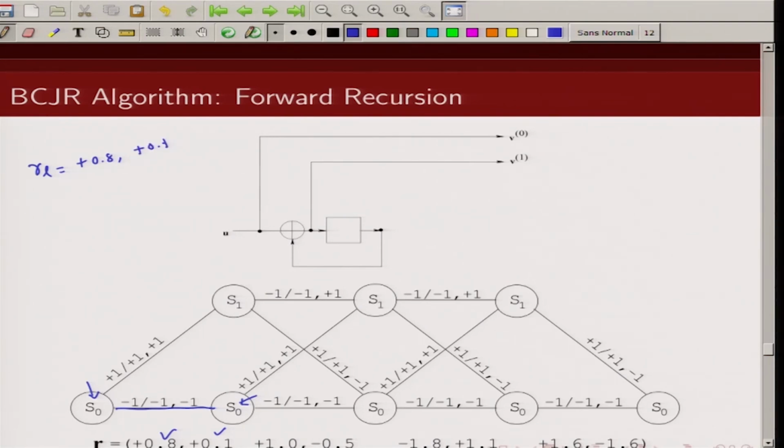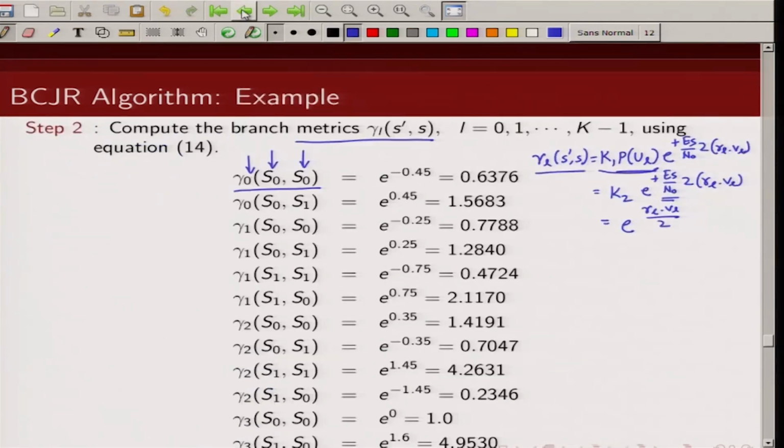Now, what is the VL corresponding to this transition? It is minus 1 and minus 1. Then this dot product can be written as plus 0.8 into minus 1 plus 0.1 into minus 1. So, this will be minus 0.9. So, RL dot VL is minus 0.9. If we plug that in here, minus 0.9 by 2, this is minus 0.45, which is given by this.